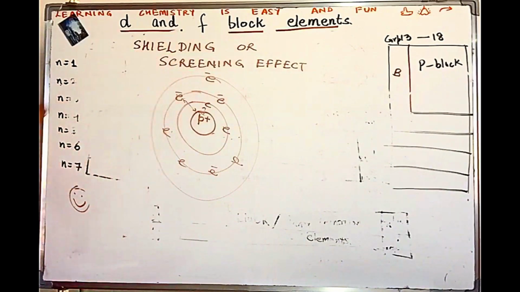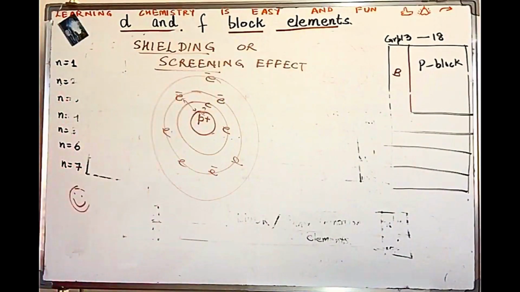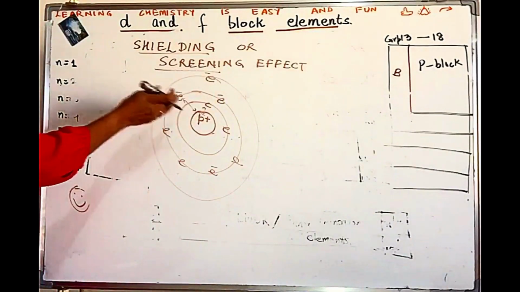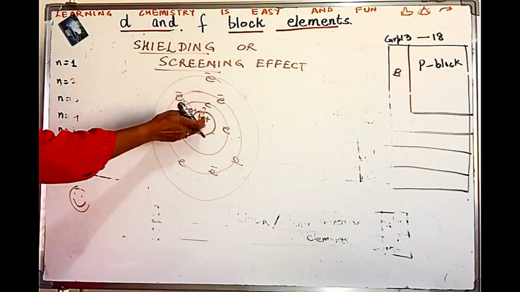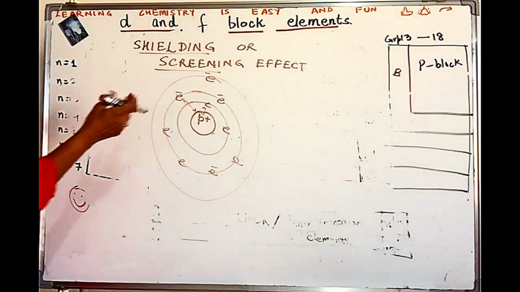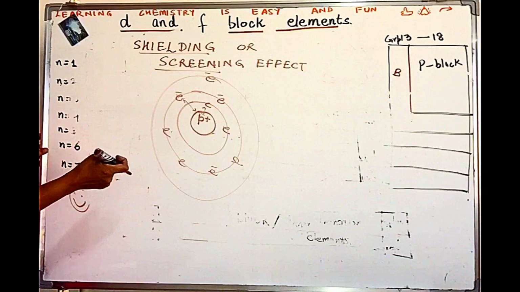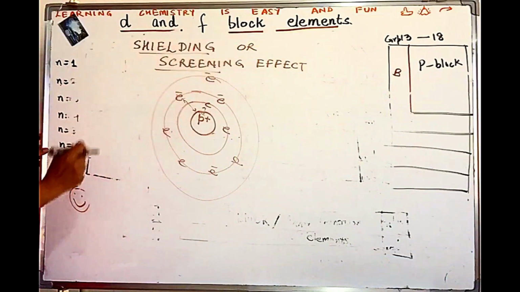And that is all the shielding or screening effect is about, right? The possessiveness of the inner electrons for the pull of the positively charged protons. What role does it play over here? The more the electrons in the inner energy levels, the more the shielding effect, right?